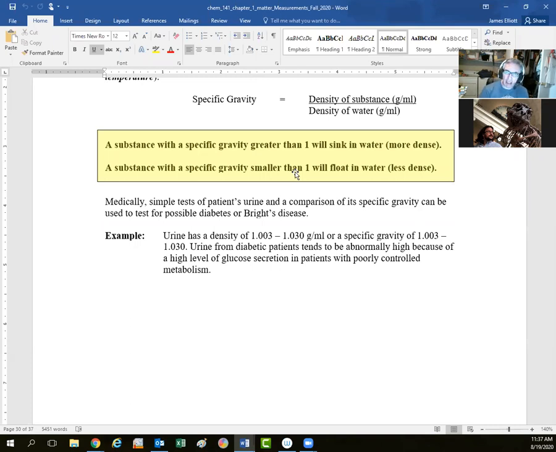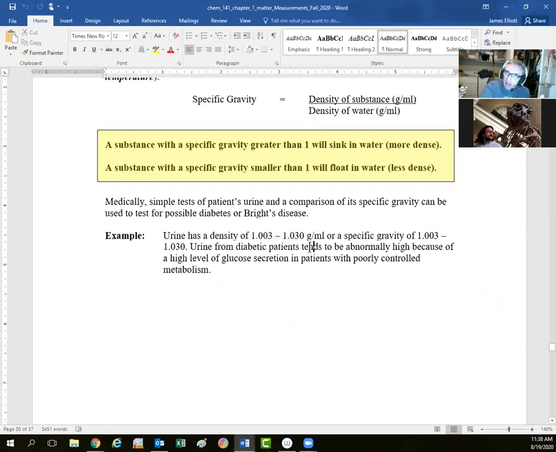We use the idea of specific gravity for a couple of tests. One of the main ones is looking for things like diabetes or Bright's disease in a patient. Certainly with diabetes, if you're diabetic, you're probably secreting more glucose into your urine than you should be, and that would increase the density of your urine, and it would start to give a value outside the normal parameters of 1.003 to 1.030.